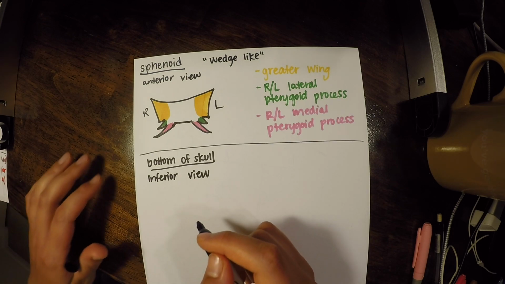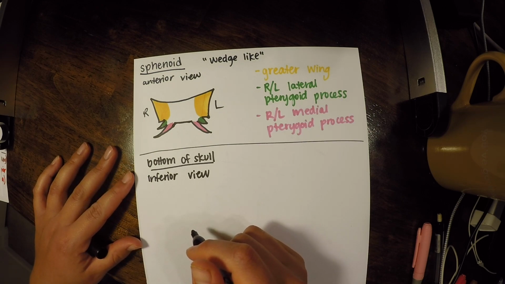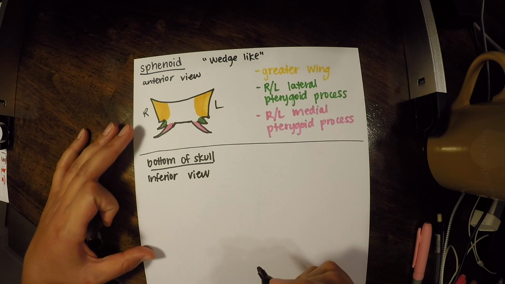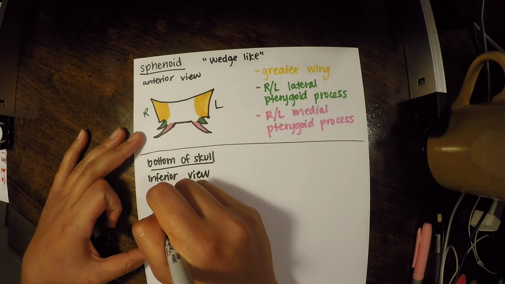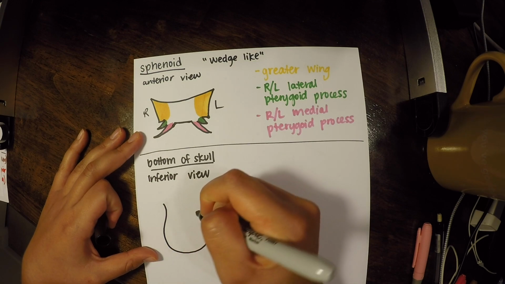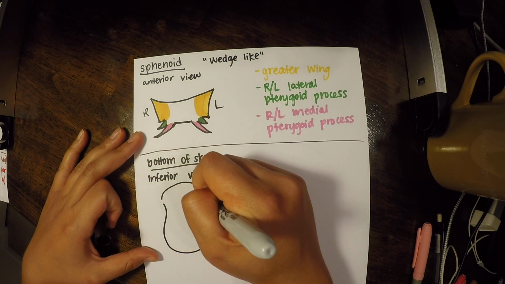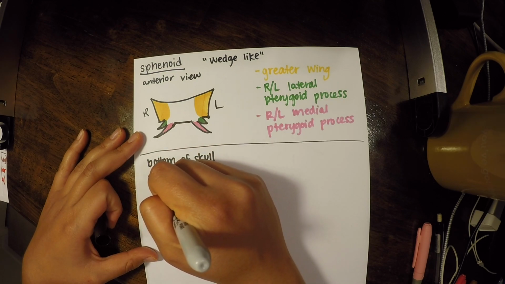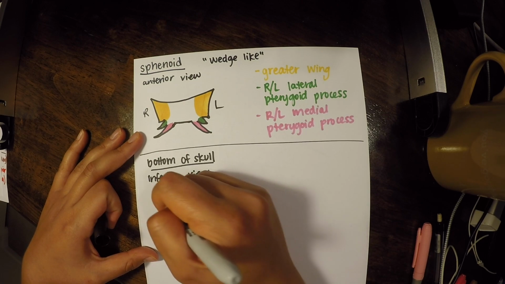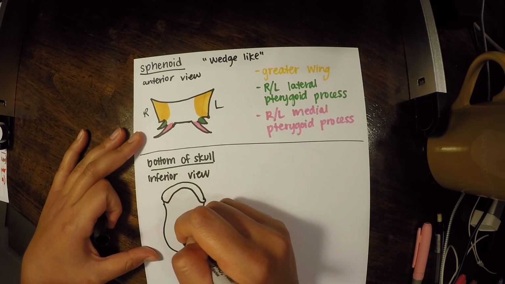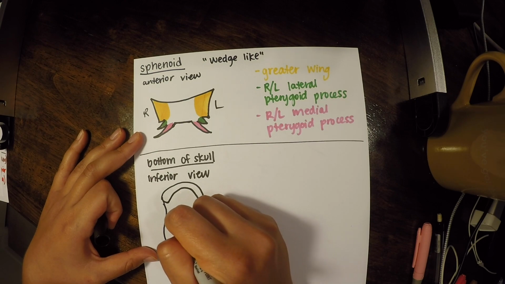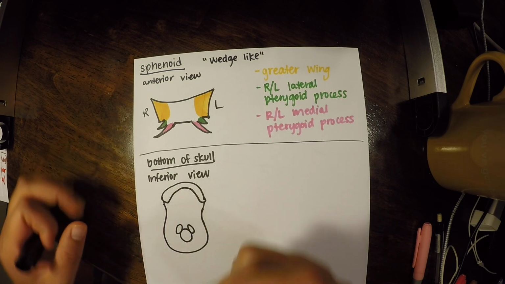So I'm going to attempt to draw the skull out here. So we're looking at the whole skull, but the bottom side of it. So this right here is going to be our mandible. And then we're going to have foramen magnum. And then we're going to have two different things right there.